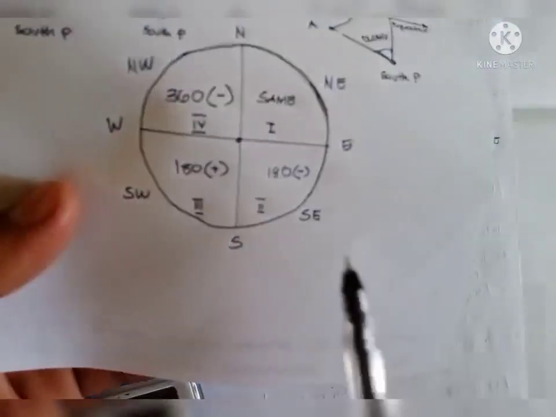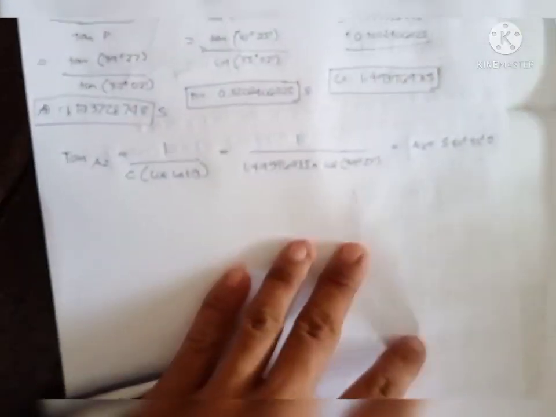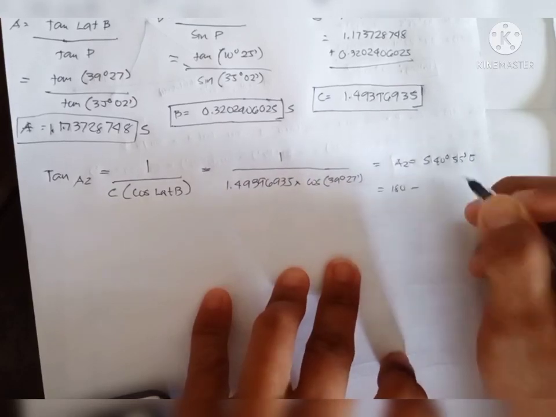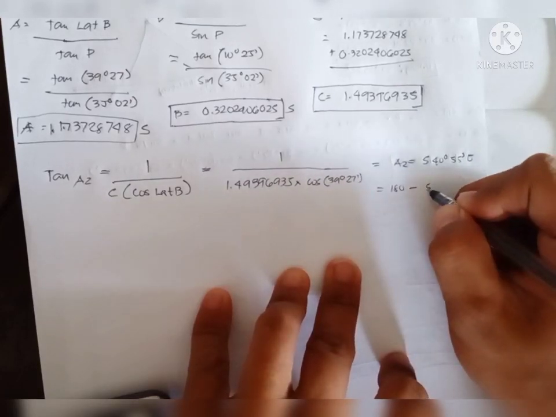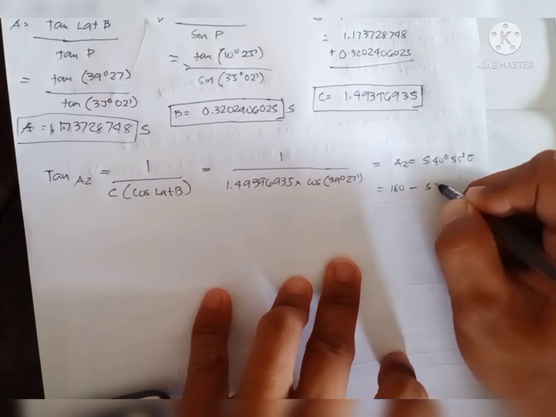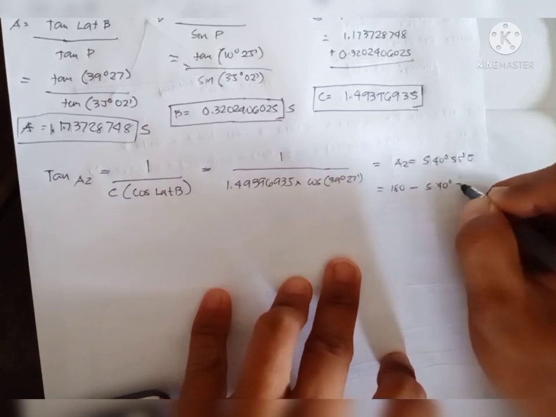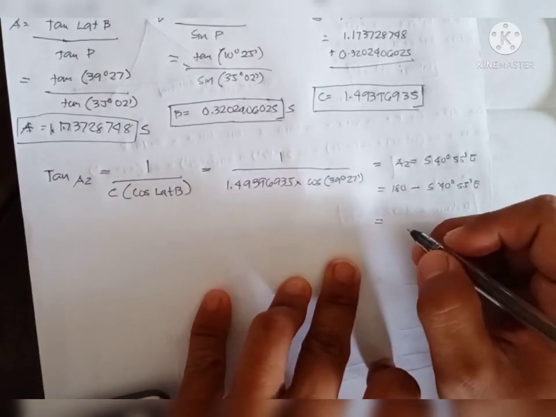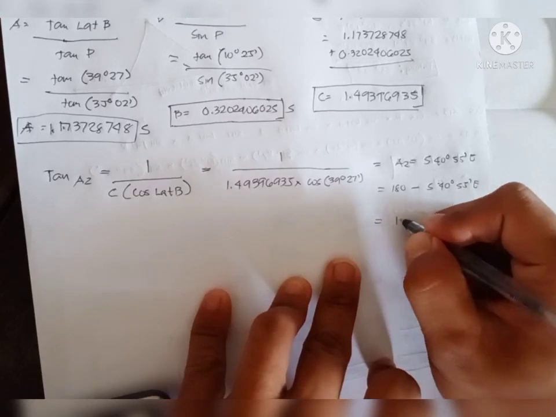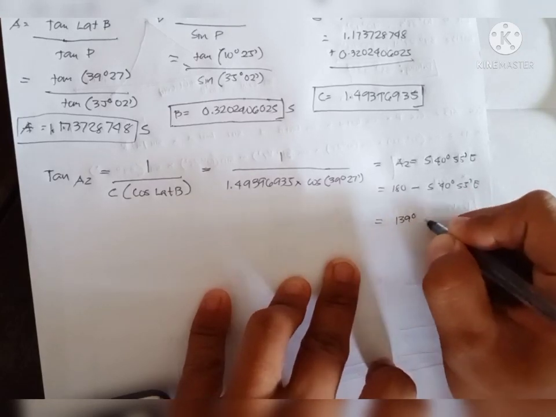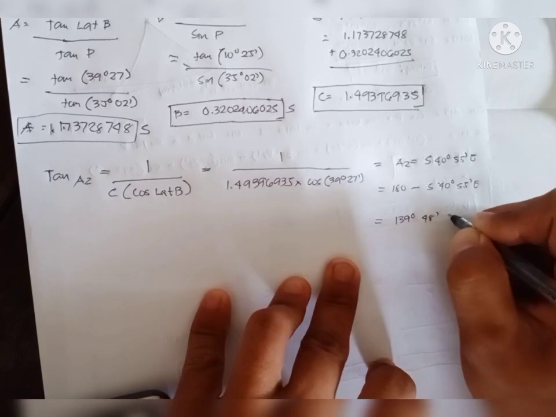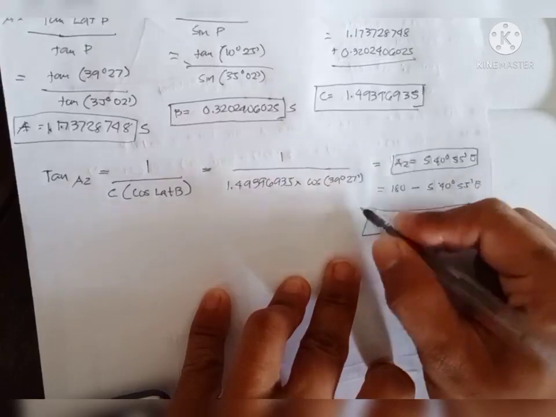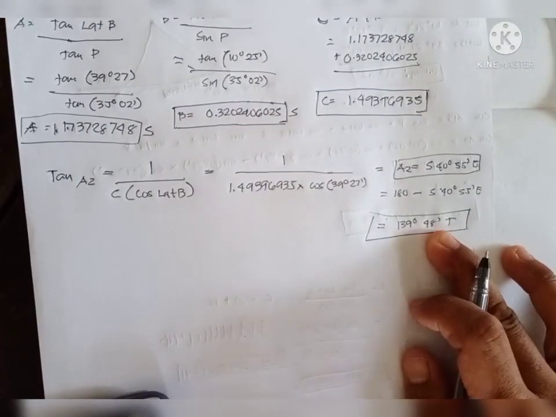So 180 minus the value of our AZ, 40 degrees 55 minutes, is equal to 139 degrees 48 minutes true. So here is our final course.